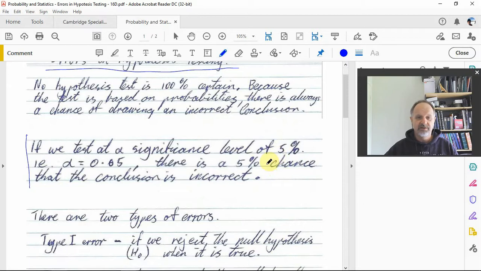So error type 1 is, say we've rejected the null hypothesis, H0, and we said, no, it doesn't fit into that 5%, but maybe that probability is not actually correct, and so we've rejected it when in fact we should have accepted it.